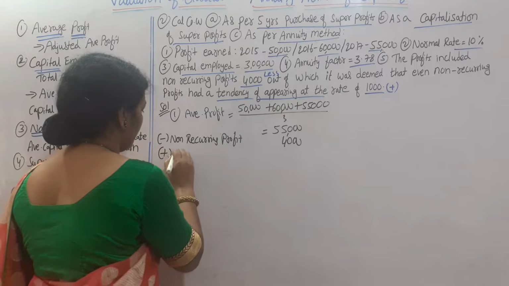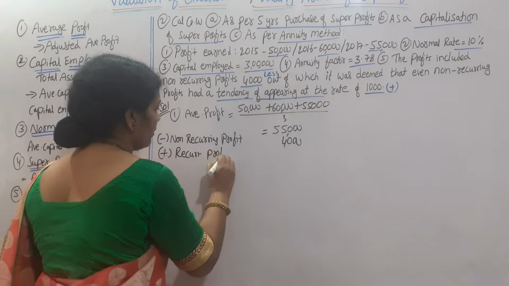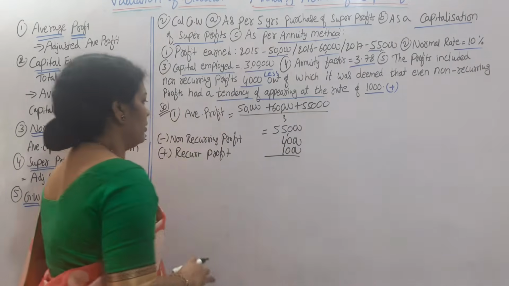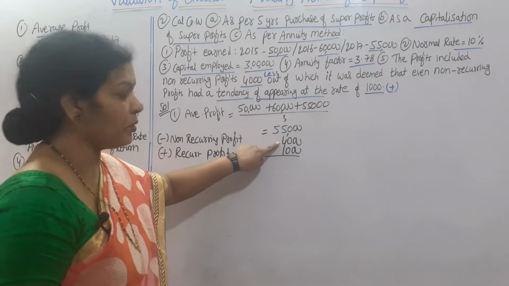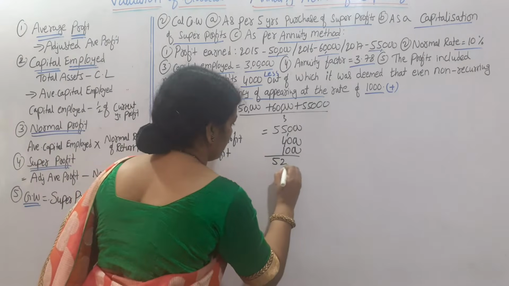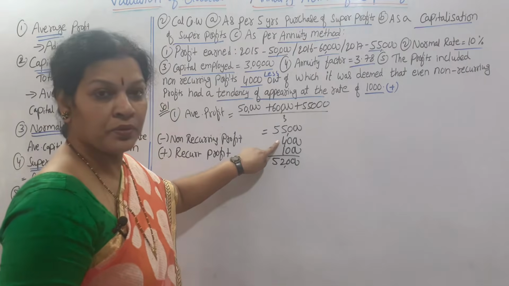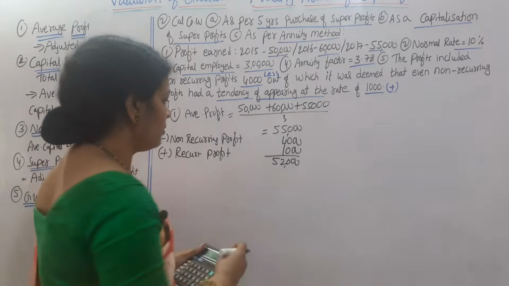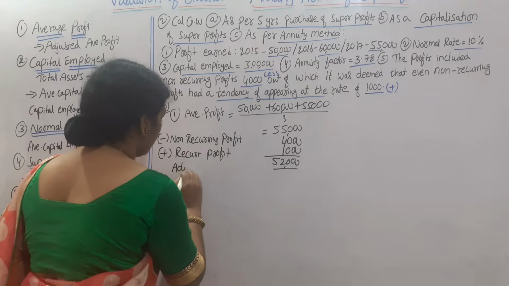Recurring profit 1,000. If you deduct, 55,000 minus 4,000 means 51,000. 51 plus 1, 52,000. 55 minus 4, 51,000. So 51,000, we are adding 1,000 means 52,000. This is the adjusted average profit.